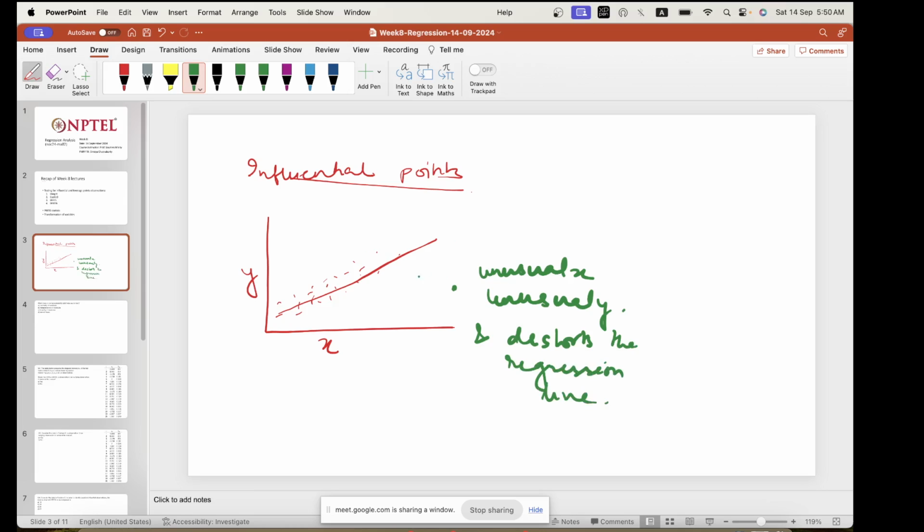In the presence of this point, this line tilts a little bit towards it. So this is an influential observation.